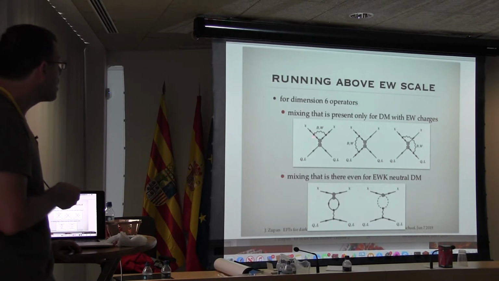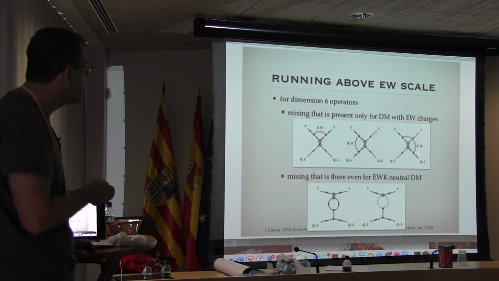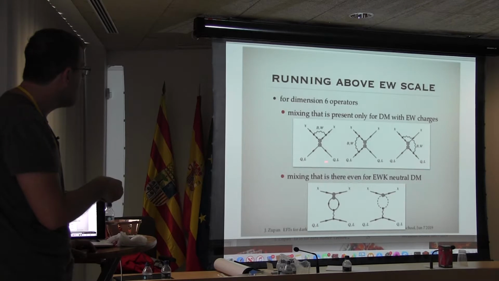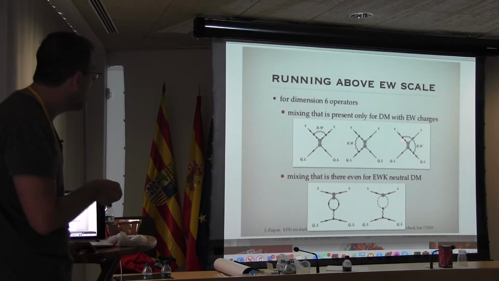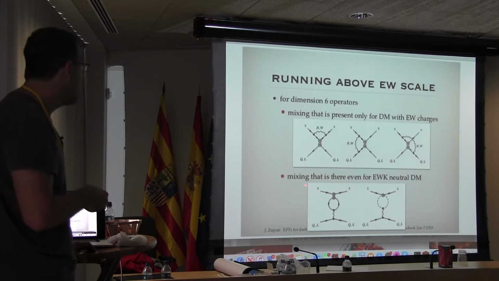For dimension 6, it will be exchanges like this, and there are two types. These are present only if you have dark matter which has electroweak charges. Note that the left-handed and right-handed will run differently. There's no line like this with the W if I have a right-handed one here. And then there's also mixing where, even if dark matter is a singlet, they will be there.